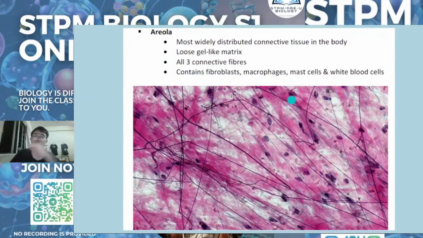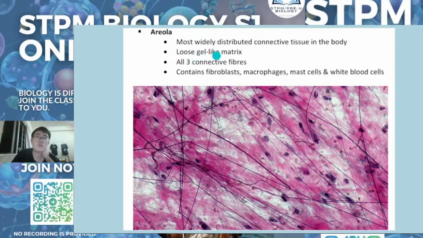So areolar tissue normally looks like this. It is the most widely distributed connective tissue in the body. Actually all parts of the body normally contain this areolar tissue.